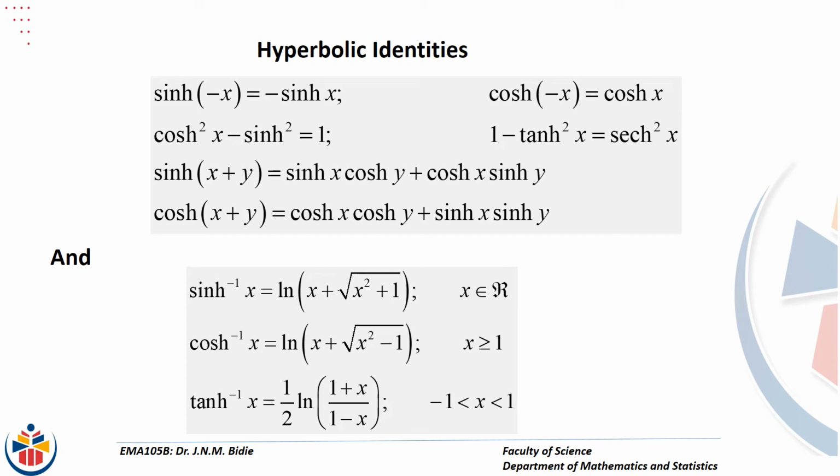Some identities for hyperbolic functions that are useful. Please take note of them because they may be useful. And also the definitions of some inverse hyperbolic functions that will prove to be useful as well.